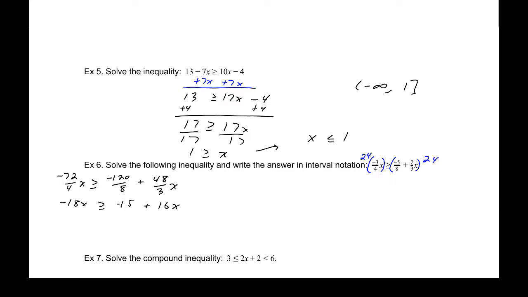I'm going to add 18x to both sides. So what I get is 0 is greater than or equal to negative 15 plus 34x. Okay, now adding 15 to both sides.